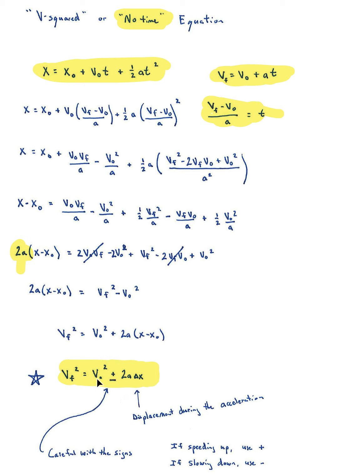However, think about this. If you have some v naught, whether it's positive or negative, and you square it, if this term is a plus, you're going to make this term bigger. Thus, vf is going to be bigger than v naught. If it's a minus, then vf has to be smaller than v naught. So if your object is speeding up, I don't care about the direction, whether it's moving right and then moving faster right, it has to be a positive.